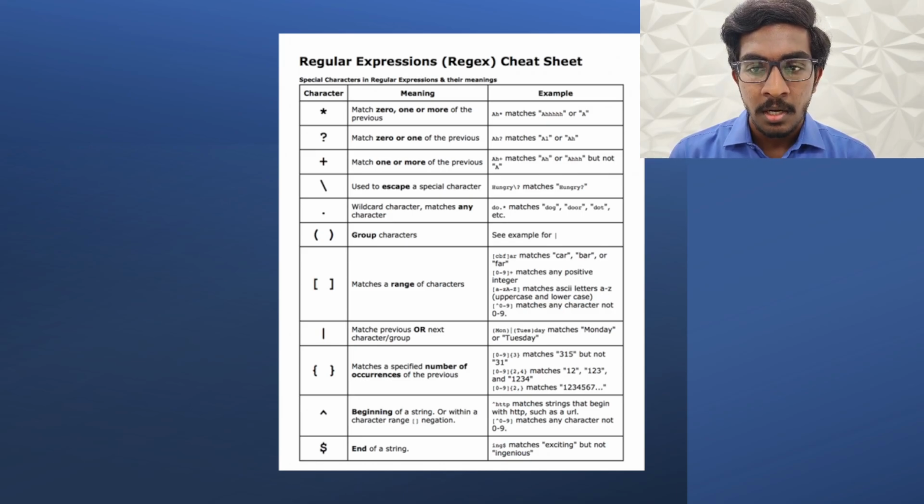The dollar symbol represents the end of the string, and the caret symbol represents the beginning of the string. Other than this, there are some more backslash characters like \d, which represents only a digit, and \b, which represents a boundary, which are also important for upcoming solutions.